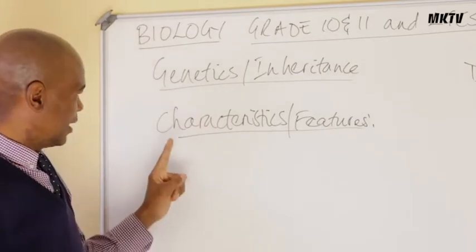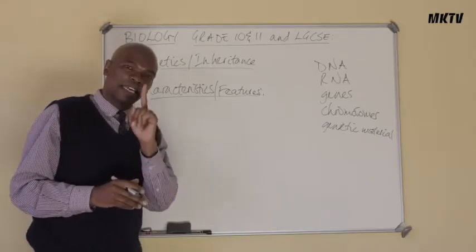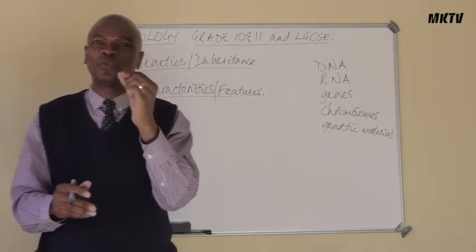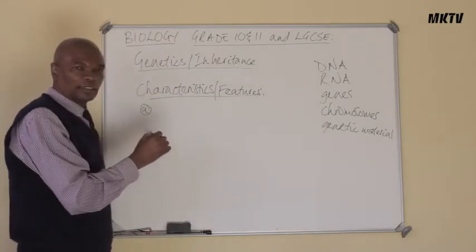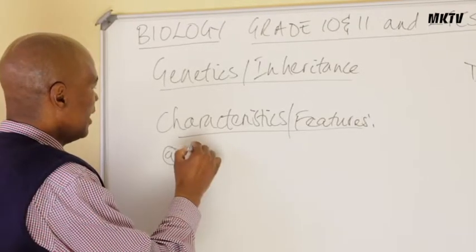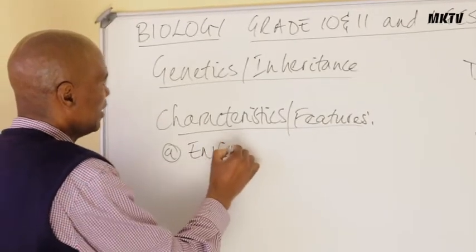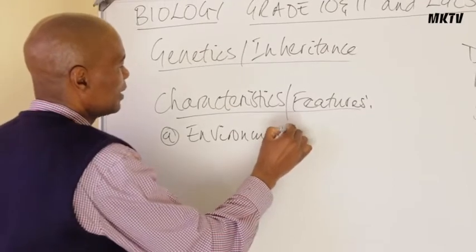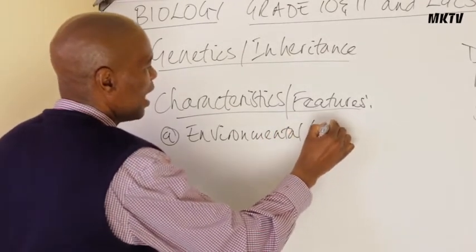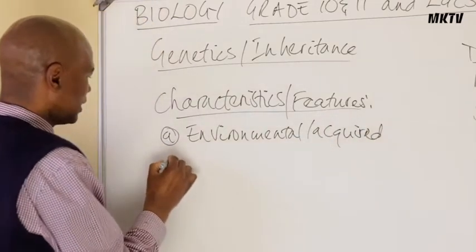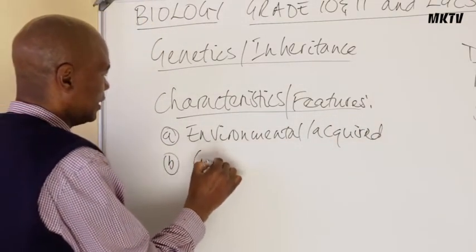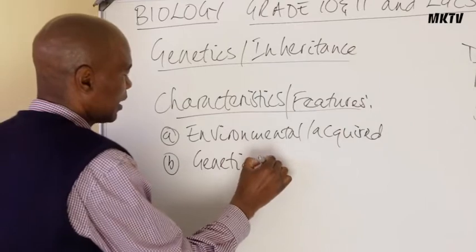Then these characteristics can be classified into two groups. We have group A characteristics, which are said to be environmental, or we call them acquired characteristics. And then we have genetic characteristics.